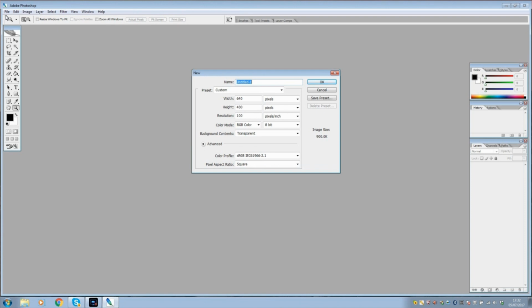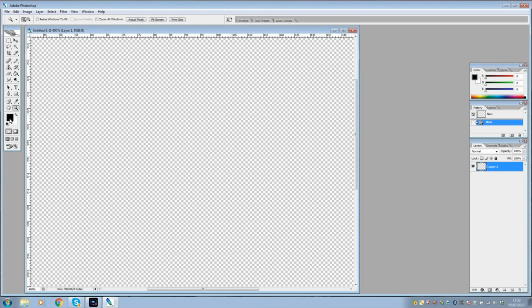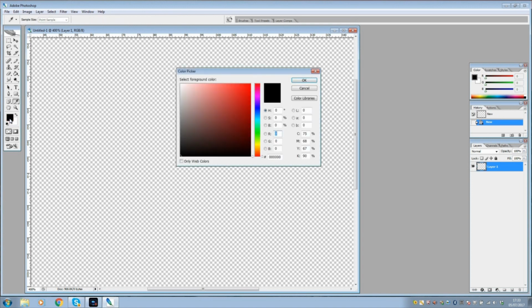I'm going to make this a typical, fairly coarse resolution as we did before, of 100 pixels per inch. We've got black. Let's make sure it is black because we're going to draw the central block of the pattern first. And sure enough, it's black up here and it's 0, 0, 0.